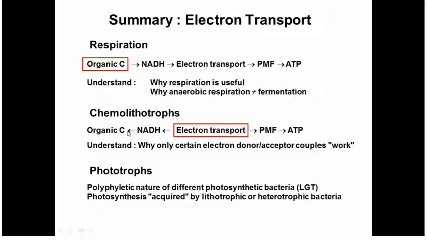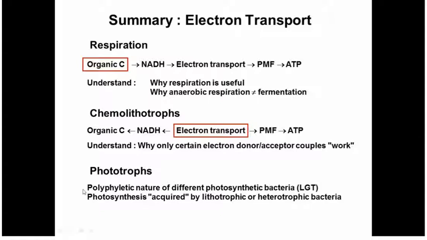And they can fix carbon dioxide, which will be reduced by the NADH that they've managed to accumulate. So there are several different types of chemolithotrophs, but of course only particular combinations of electron donors and acceptors will work. So you have to remember which is the better electron donor, which is the better electron acceptor. And it determines which kind of chemistries can function.